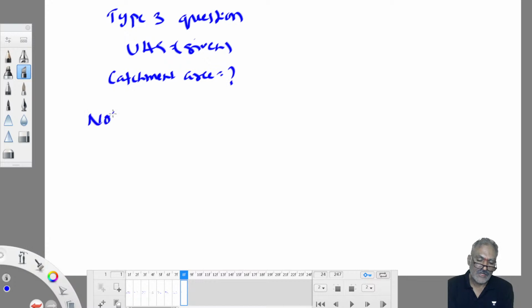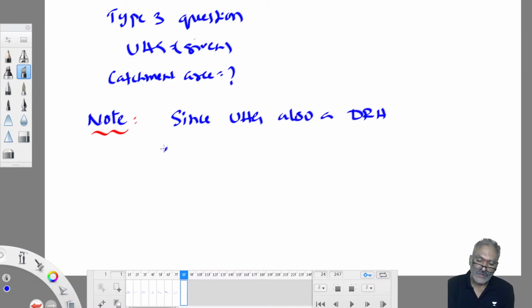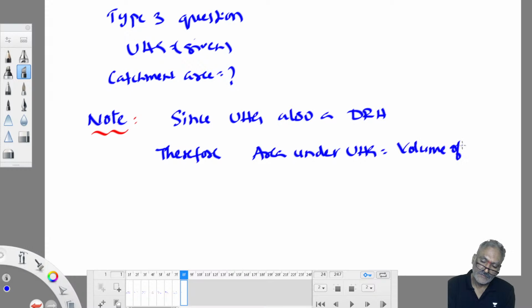Since the unit hydrograph is also a direct runoff hydrograph, the area under the unit hydrograph represents the volume of runoff. Since it is a unit hydrograph, this represents a runoff of 1 centimeter.